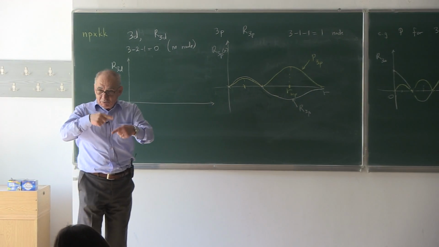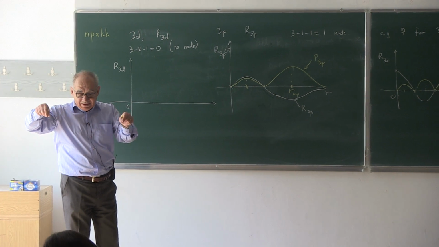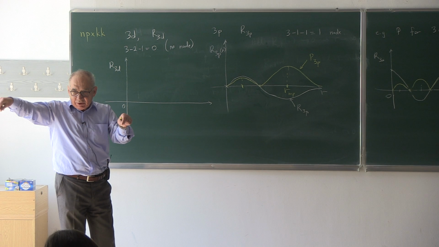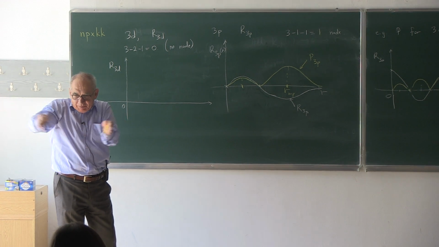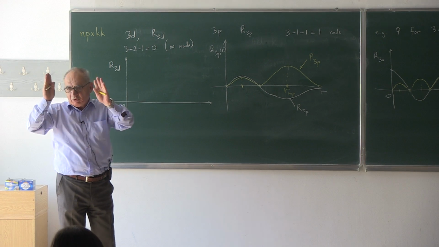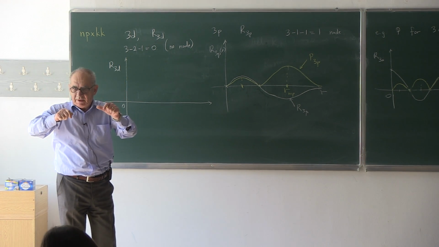Remember, when we count the number of nodes, we are not including r equals 0 and r equals infinity, only in between. So between 0 and infinity, there are no nodes for this function.